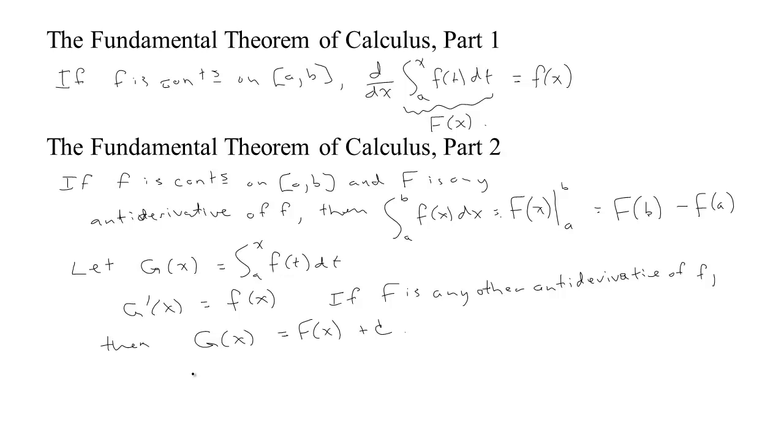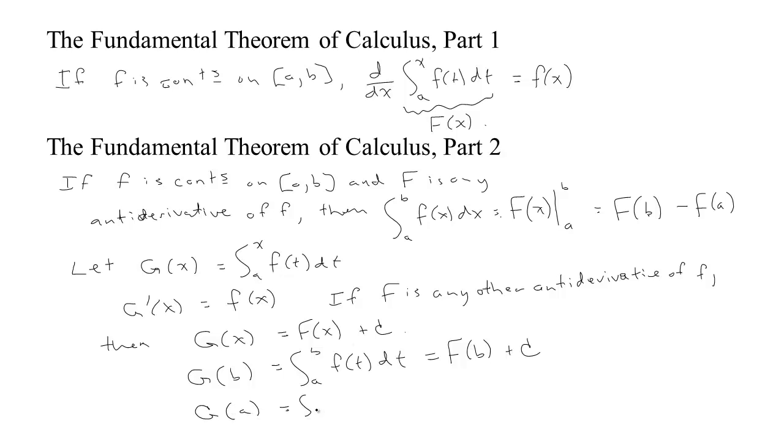Now, notice two things. First, g of b would be the integral from a to b of f of t dt, and that would be equal to F of b plus some constant. But what would that constant need to be? Well, look at g of a.